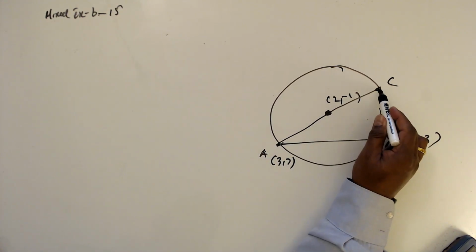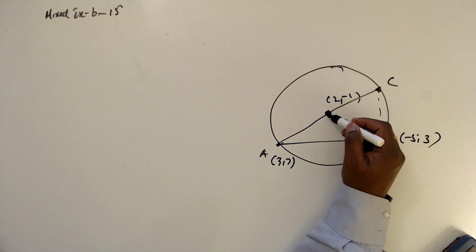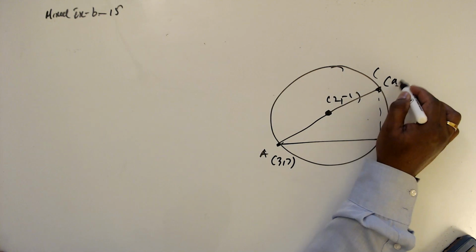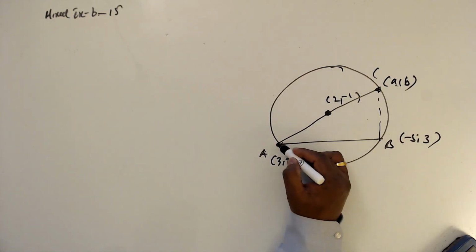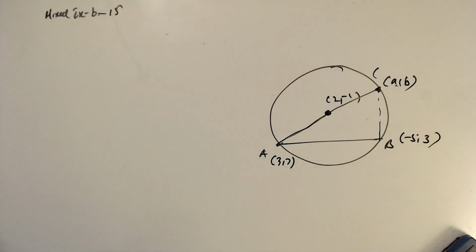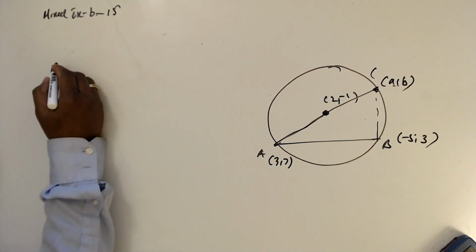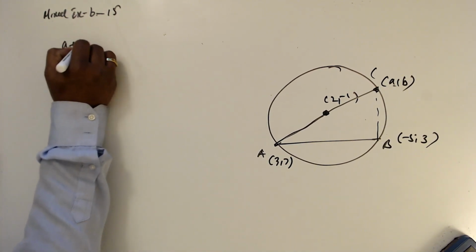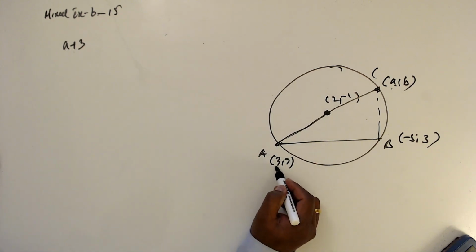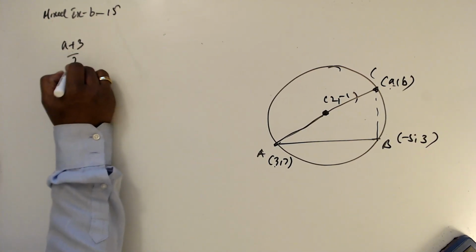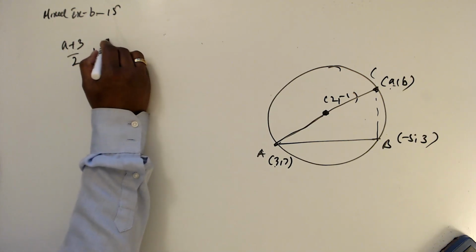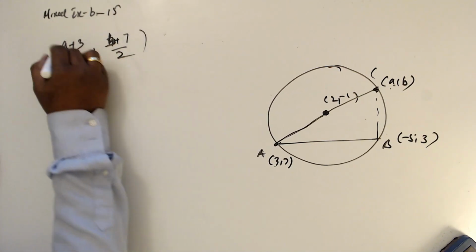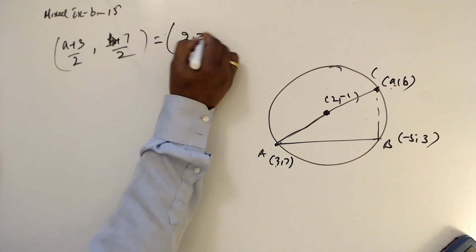Since AC is a diameter, the center is the midpoint. If I take this point as A and C, I can find the midpoint: a plus 3, x1 plus x2 divided by 2, and y1 plus y2 divided by 2 is 2 minus 1.